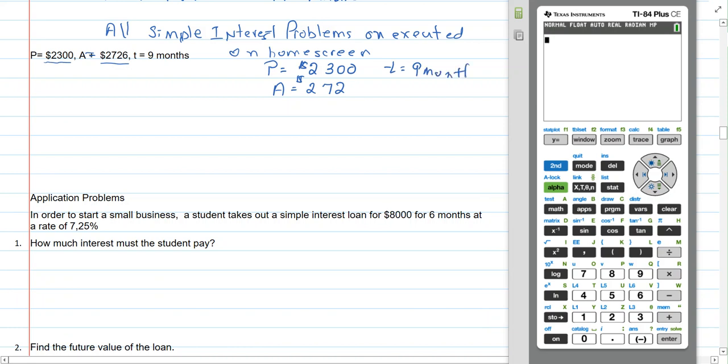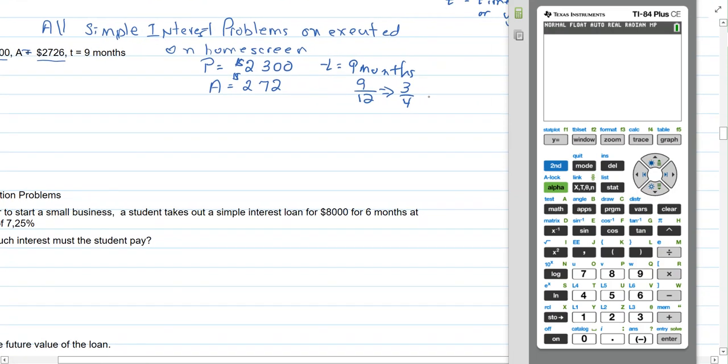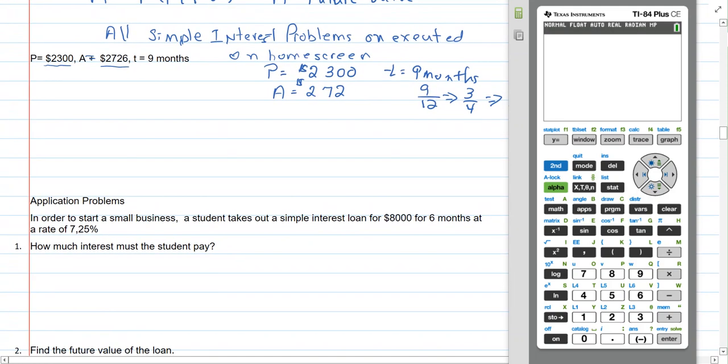So we're going to change that to parts of a year, 9 over 12. 12 months equal a year, we're doing 9 parts of that. We can reduce this to 3/4, and then we know that we have 0.75 of a year. We're supposed to use the decimal value on this problem.